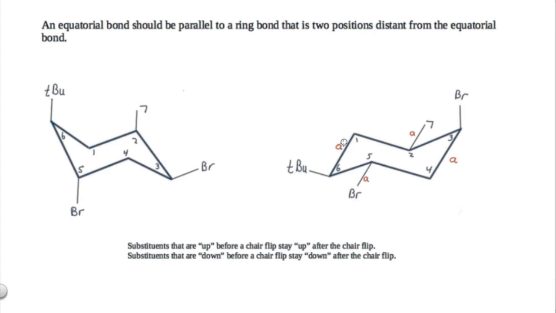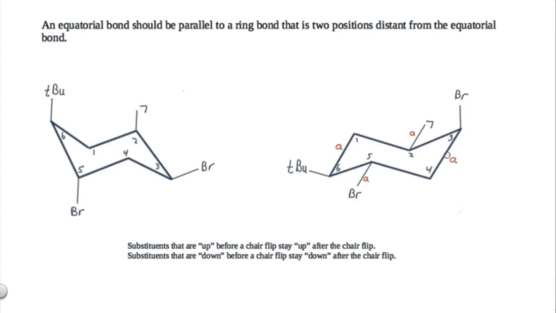So I've also labeled this as A. And again, this equatorial bond is 2 positions distant from this ring bond. So I've also labeled that as A. So that means that this equatorial bond should be parallel to the ring bonds that I labeled as A. This equatorial bond should be parallel to this bond and also parallel to this bond.